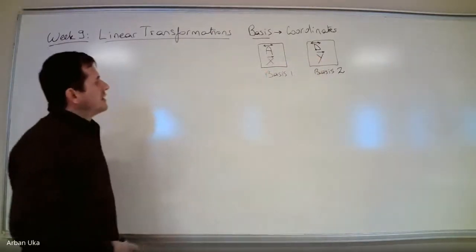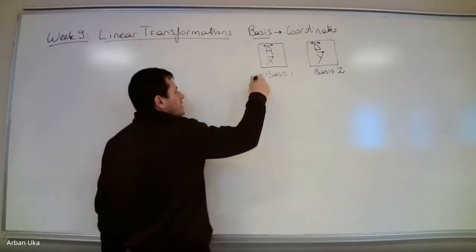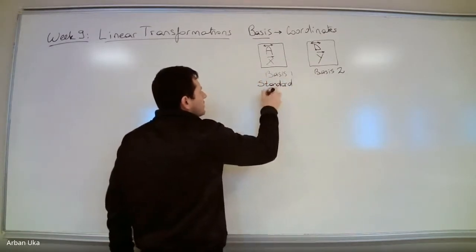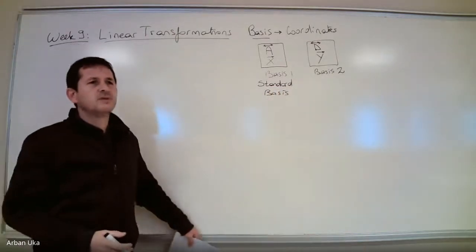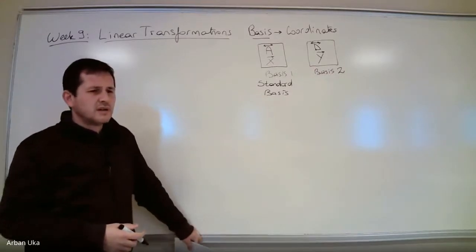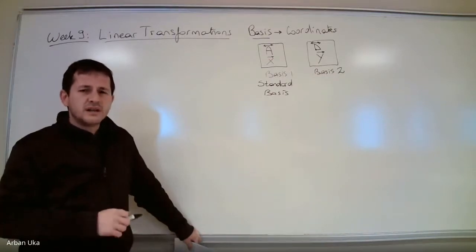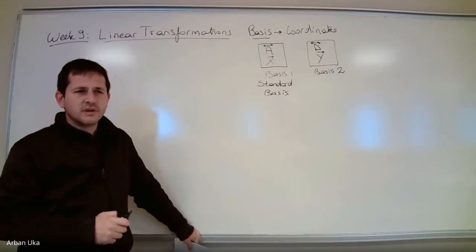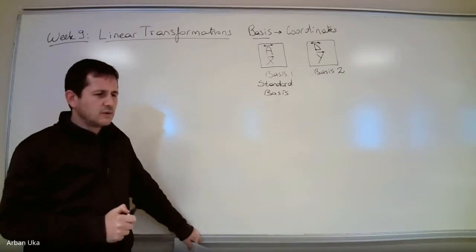Now, almost all the time, basis 1 is going to be the standard basis, which is the Cartesian coordinate system. If it is a two-dimensional or three-dimensional space, the standard basis is composed of an orthogonal coordinate system, where the axes are non-interfering, which means they are also orthonormal, because the inner product between the basis vectors is equal to 0.